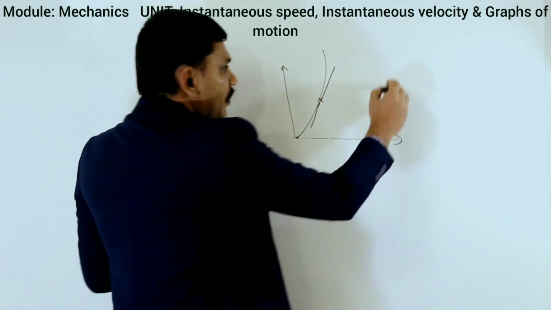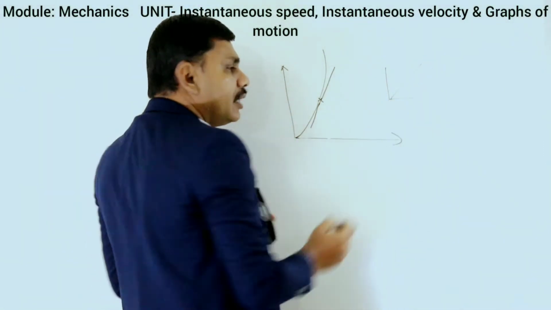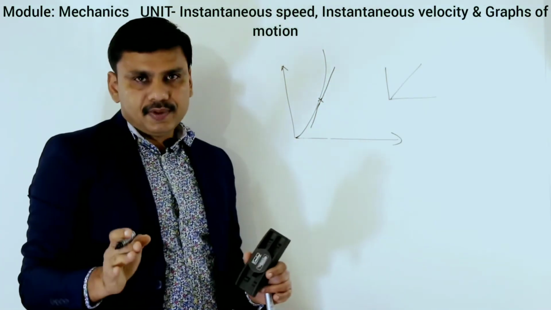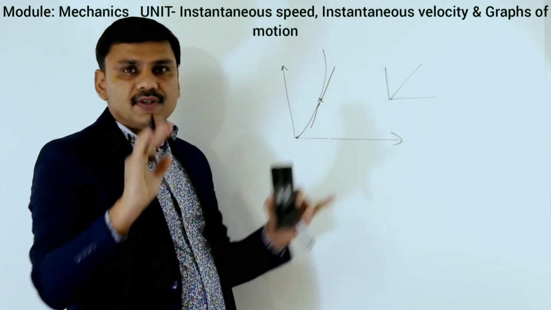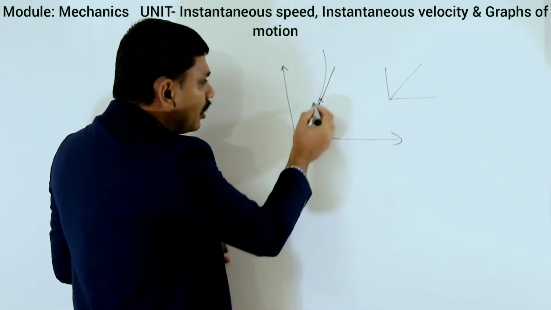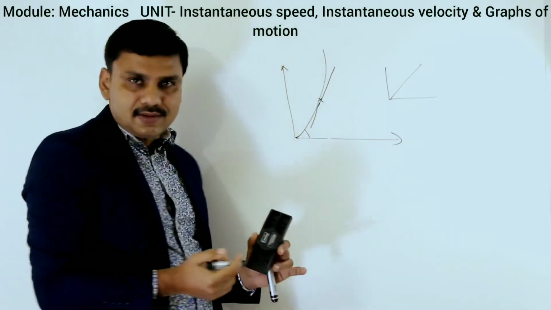If the graph is like this, the gradient will be the same throughout. But here the graph is not a straight line because it is making different angles with the x-axis.